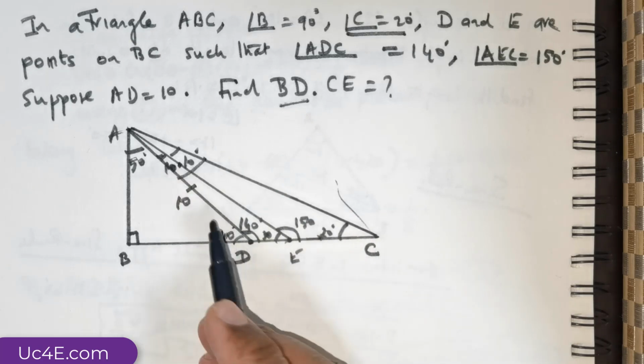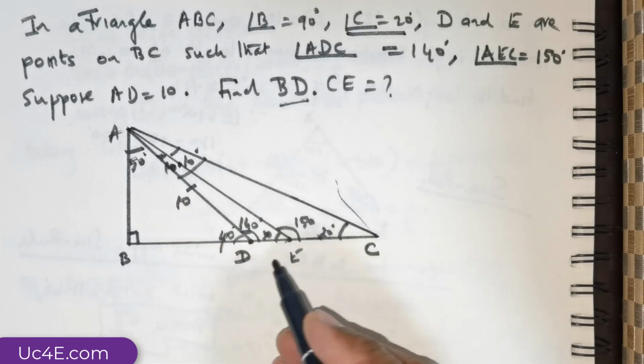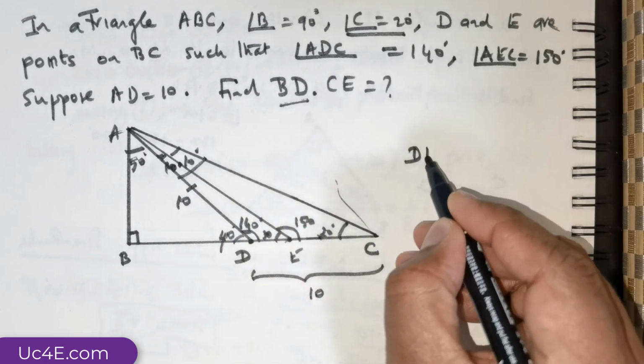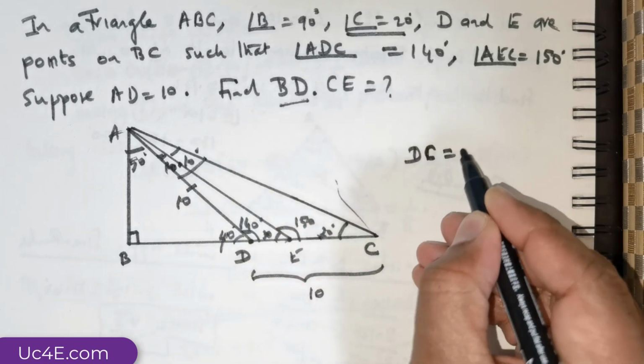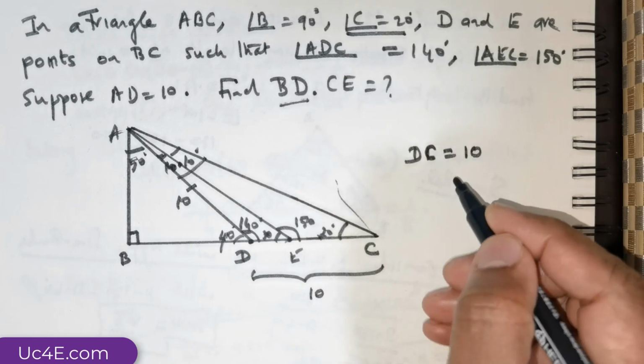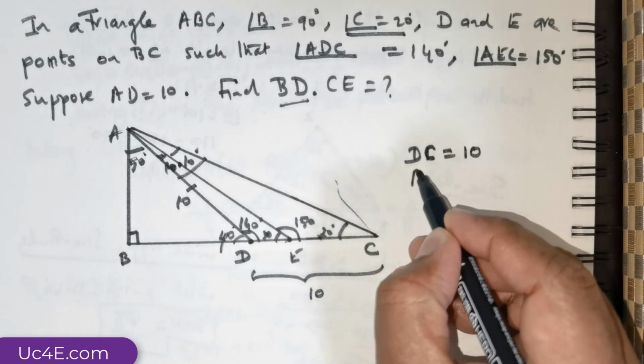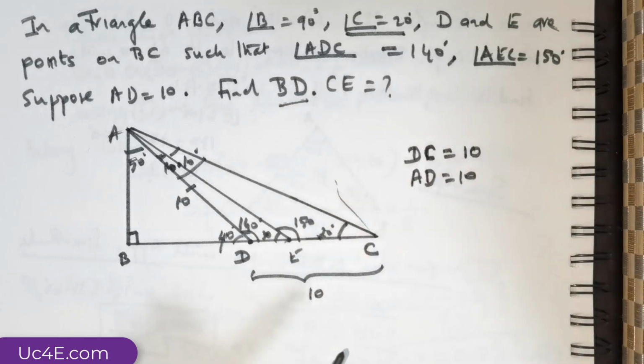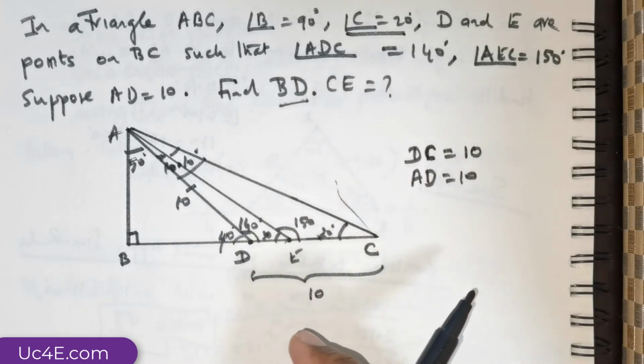If the base angles are same, the sides would be same. If this is 10, this entire thing is going to be 10 units. So let me write that down. DC is equal to 10 units, and we got AD is equal to 10 units, right? So that is all right.